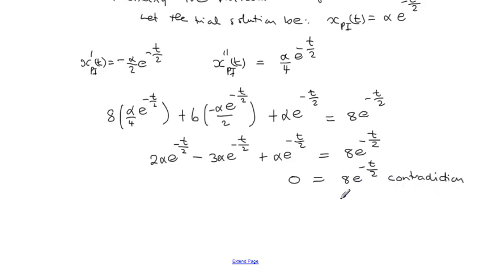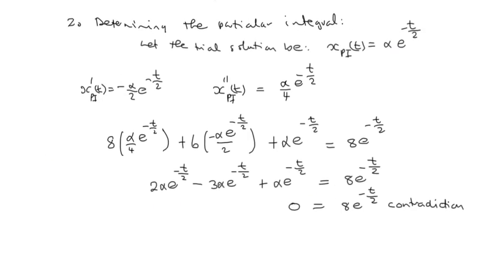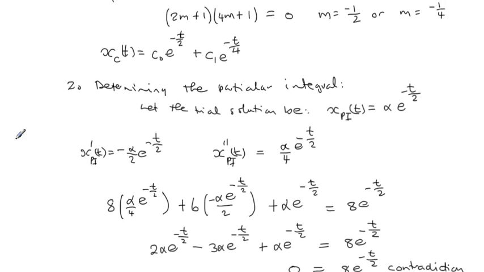And because of that, we are forced to reject this trial solution, because mathematics is a science which is clean of contradiction. So we conclude that this is not a suitable trial solution, and you must note it is caused by the fact that minus half is actually a zero of the characteristic equation, and again minus half here is the scaling factor of the argument of this exponential function.